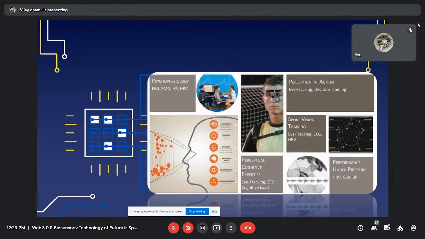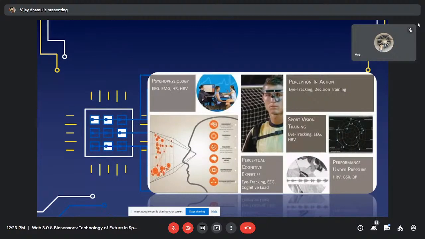Whatever analysis we do, if the input data is good, only then will we get good output data. We can't make bad data into good data. That is not possible. Only when we get good data can we give a very good output for the athletes to improve.